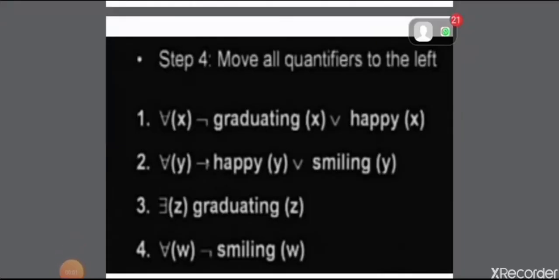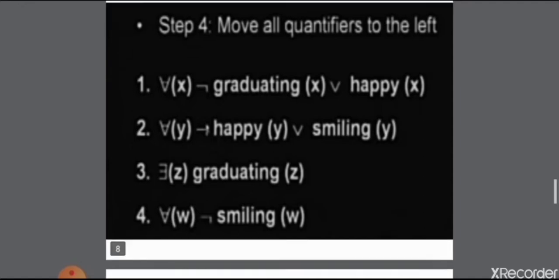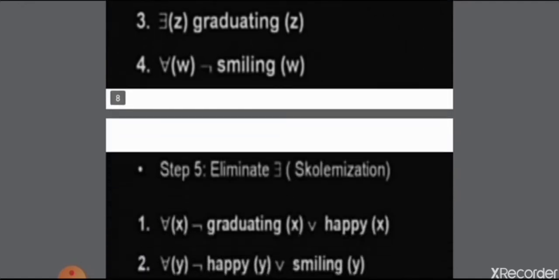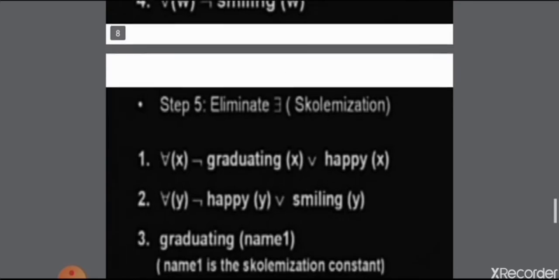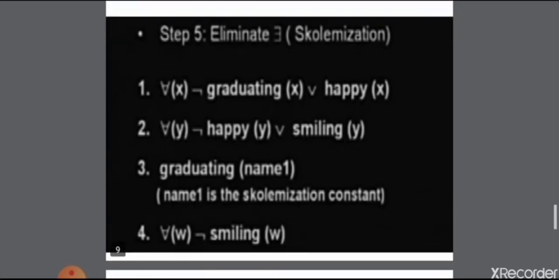See here, in our fourth step we already have all the quantifiers at the left, so we don't need to make any change. Moving towards the next step, the next step is to eliminate all the existential quantifiers. That is, we have to remove the existential quantifier. This step is also called Skolemization.